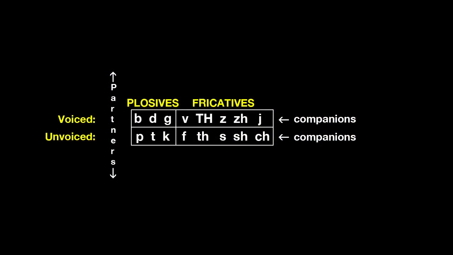As you can see on the chart, they are also broken into companions, that is, in the same rectangle, those that are voiced in the same way, both the voiced fricatives and the unvoiced fricatives, so that when you start with a word that ends in a fricative, you can then start working in the companion box and then into the partners box, and see what you can figure out.